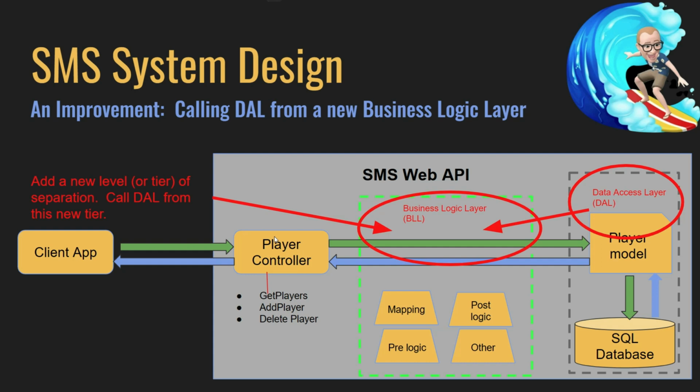It will no longer be the controller. So the controller won't know anything really about how it accesses data. All the controller will be able to do is contact the business logic layer to make a request. The business logic layer in turn will contact the data access layer, which in turn will contact the underlying database.